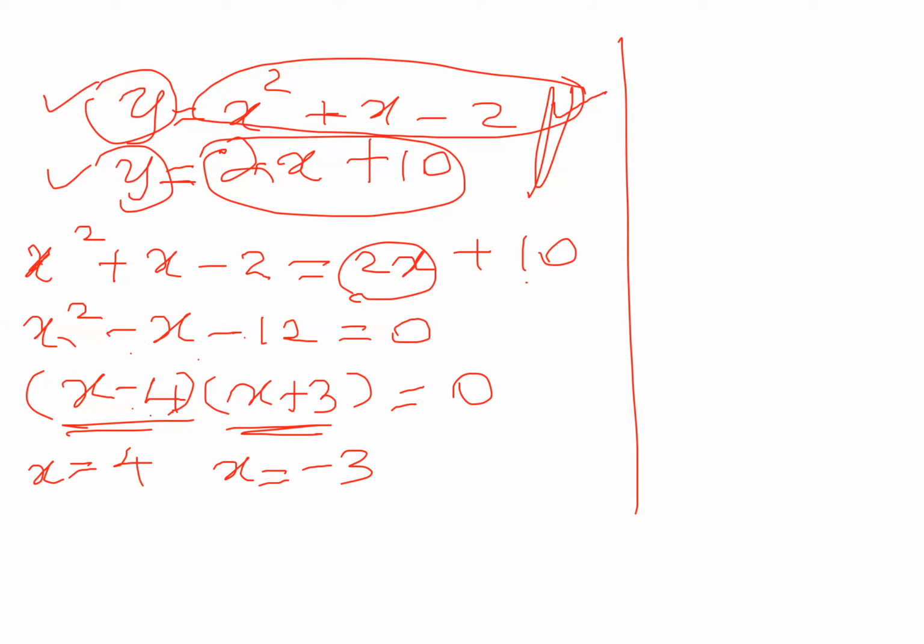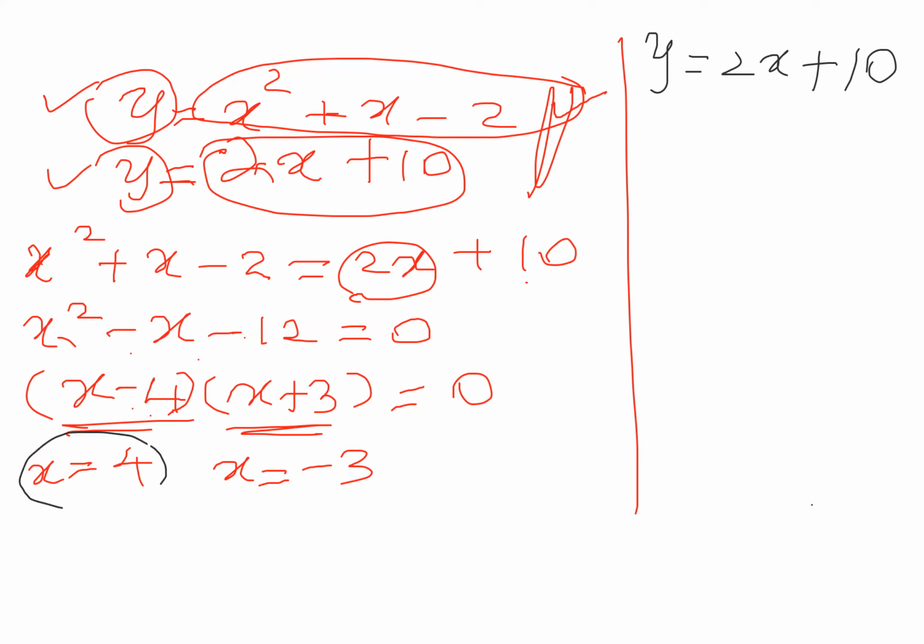I'll take the easy one, that means y equals 2x plus 10. Now you can substitute these x values in the equation y equals 2x plus 10, and you can get the y value, right?